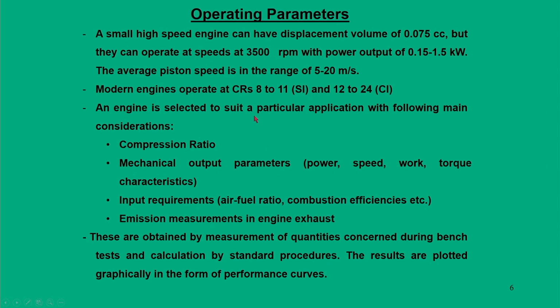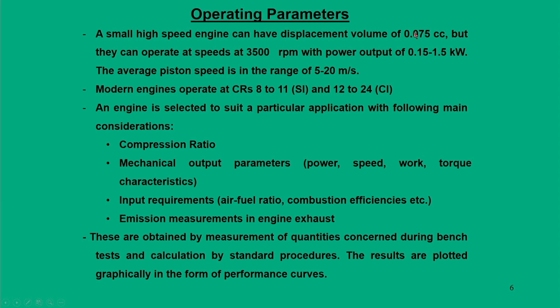Now, just to give a glimpse of the different types of engines we see in the market, an engine can have a very small displacement volume, in the order of 0.075 cc, or cubic centimeter, and this engine can also operate at close to 35,000 rpm with a rated power output of 0.15 to 1.5 kilowatt.